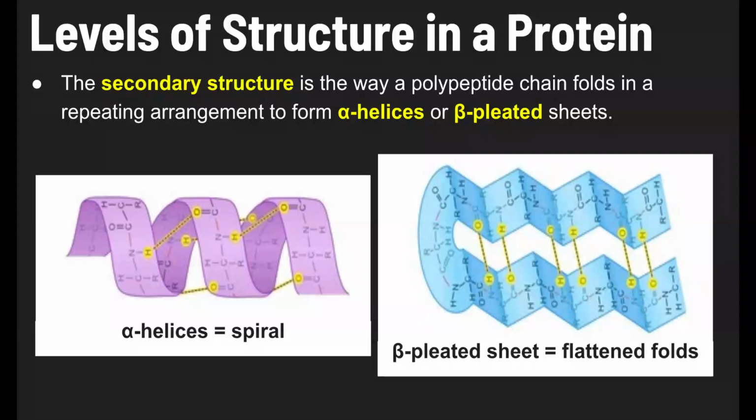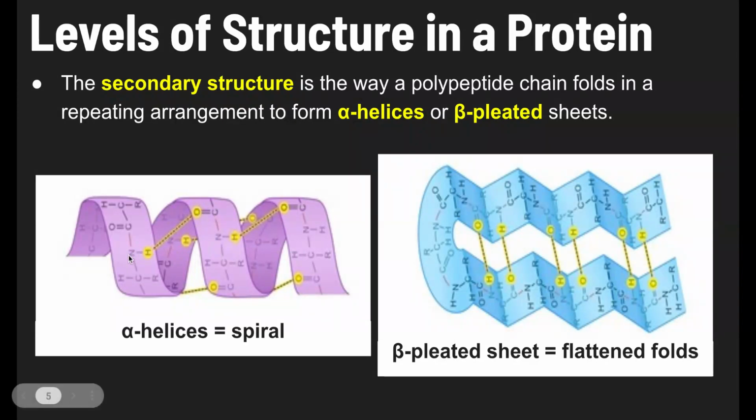form one of 2 shapes. Either what we call alpha helices or beta pleated sheets. If it's an alpha helix, then it will be shaped like a spiral. So you'll notice here, this N, that's the amine group, and this C double bond O, that's the carboxyl group.